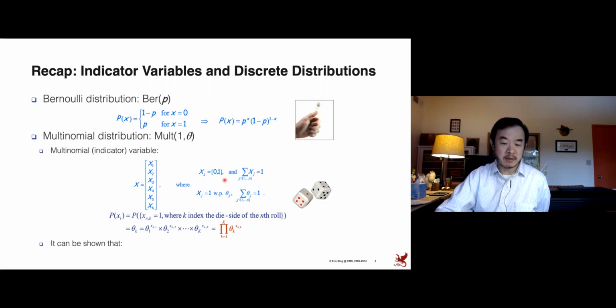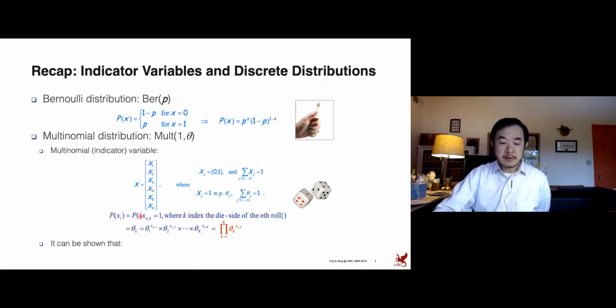And again, there is a systematic way of writing down the probability of this discrete event. For example, here is an almost natural language way of describing this: the probability of x n k equals 1, where k indexes the dice side and n indicates the rounds of the roll, right?